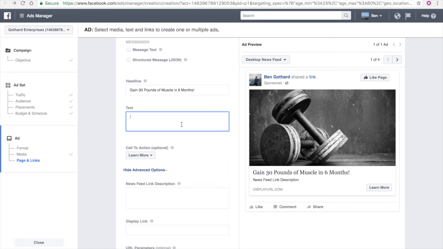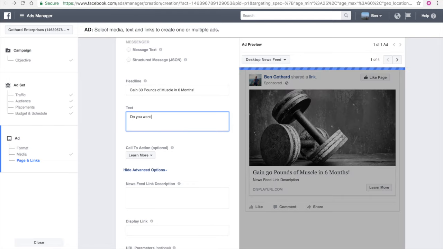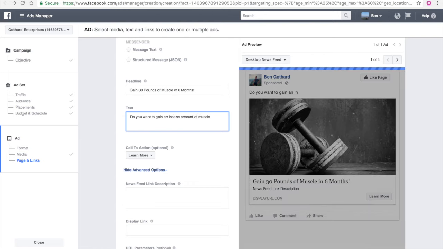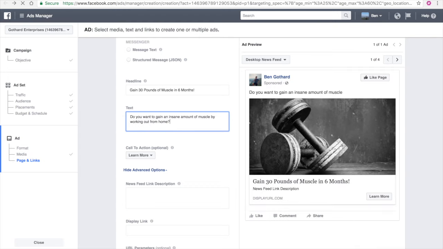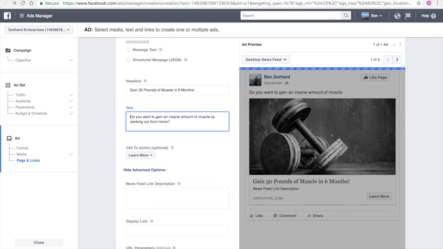So for the text, it would say, do you want to gain an insane amount of muscle by working out from home? Okay, let's qualify these people.